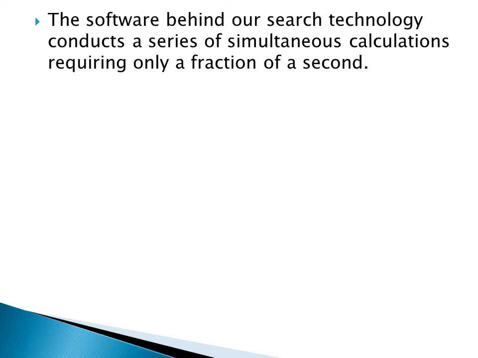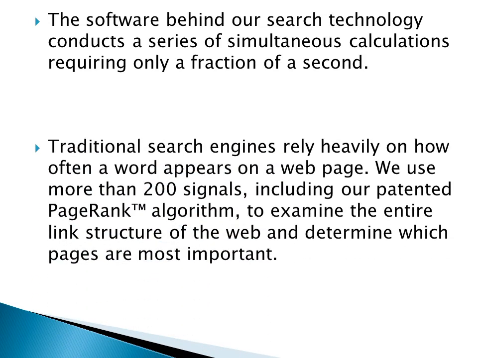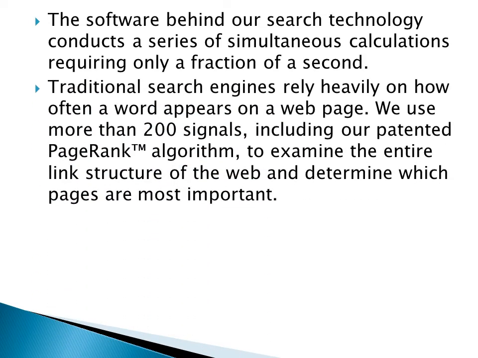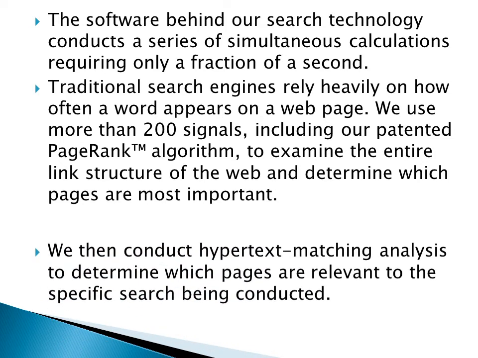They say the software behind our search technology conducts a series of simultaneous calculations requiring only a fraction of a second. Traditional search engines rely heavily on how often a word appears on a web page. We, meaning Google, use more than 200 signals, including our patented PageRank algorithm, to examine the entire link structure of the web and determine which pages are most important.